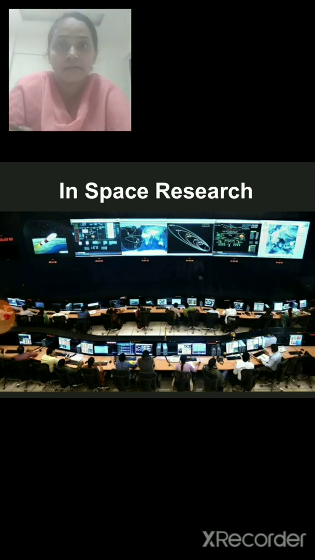Then designing spacecraft, planning and preparation, navigation of spacecraft, to capture high quality images of planets. These are all the uses of computer in the space research. So almost they are used in every sphere of life. So computer is very important in every sphere of life. Everywhere, in every field, computers are used.